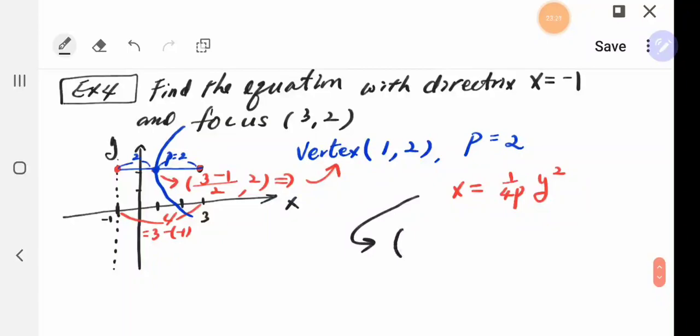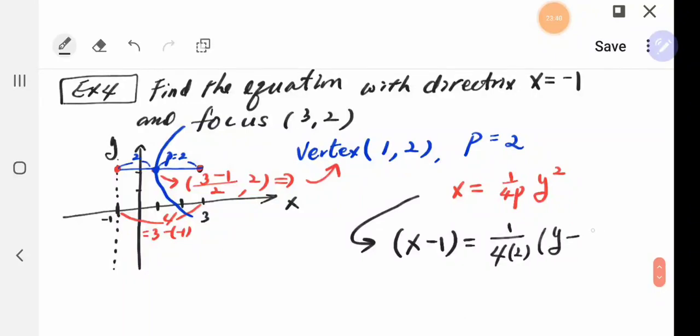The graph is shifted 1 unit to the right, so replace x with x minus 1. 1 over 4, p is replaced with 2, and y will be replaced by y minus 2 squared, because the vertex moved 2 units up.